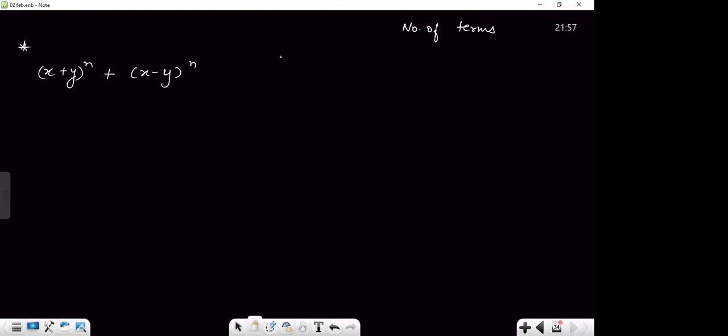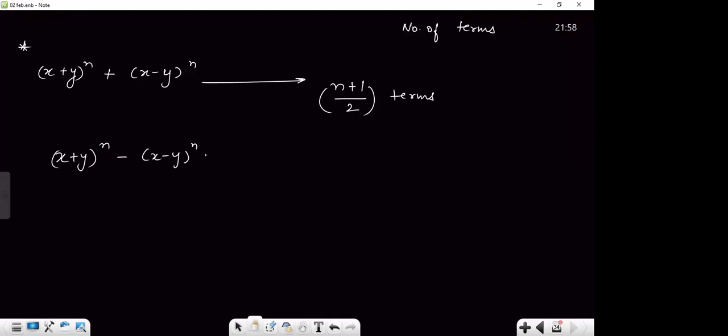So it will have (n plus 1) divided by 2 terms, and (x plus y) raised to power n minus (x minus y) raised to power n will also have (n plus 1) divided by 2 terms when and only when n is odd.